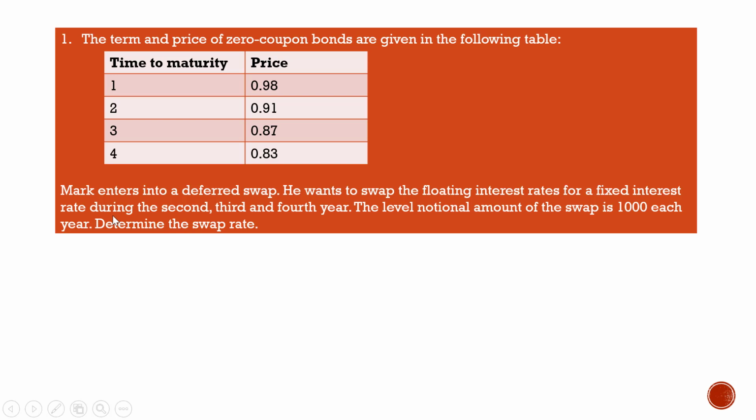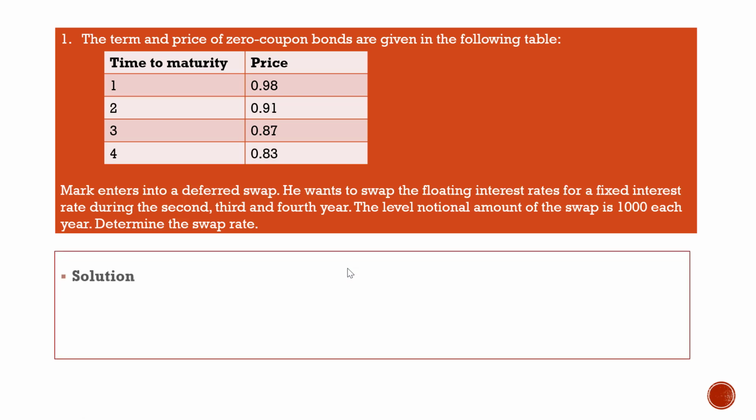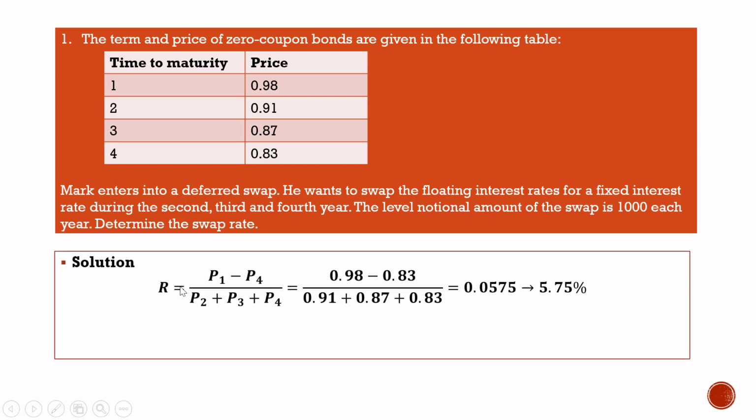Here there are 2 things you need to pay attention to. The first information is during the 2nd, 3rd, and 4th years, so this is a deferred swap rate. And the level notional amount of the swap is 1,000 each year, which means Q is a constant. So using the deferred swap rate, we get R equals P1 minus P4 over P2 plus P3 plus P4, because we consider the 2nd, the 3rd, and the 4th years.